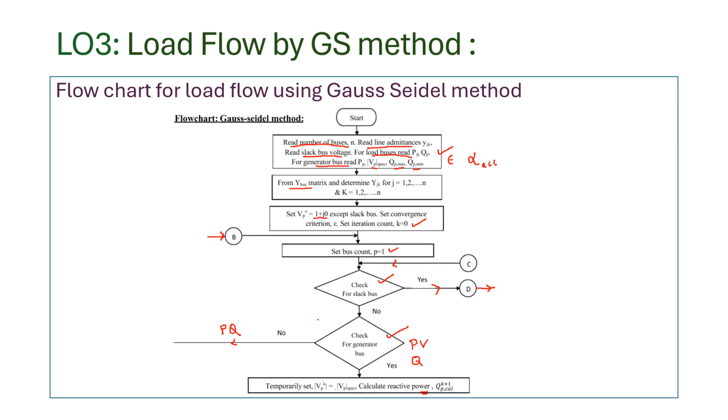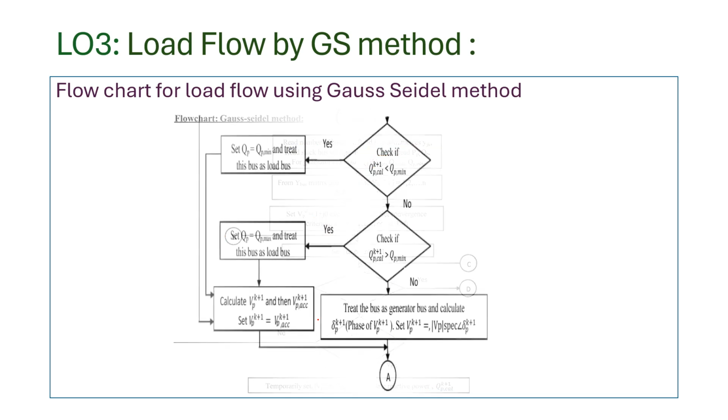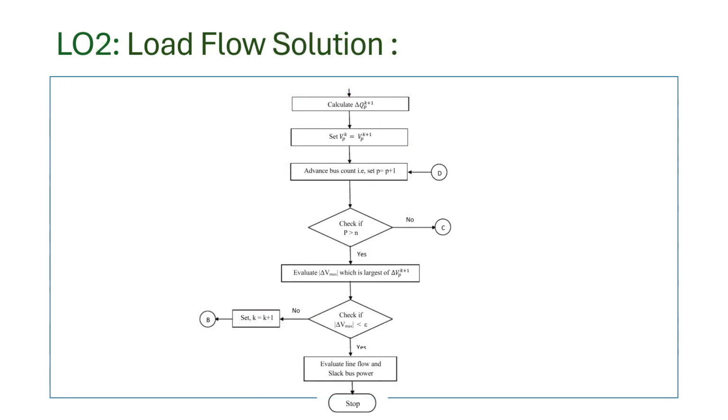So there are two loops, one for the bus count and one for the iteration count. This is how load flow is performed using the Gauss-Seidel method in the form of a flowchart.